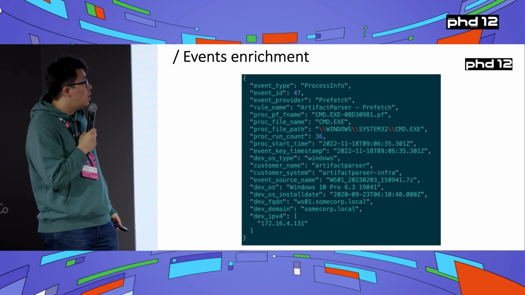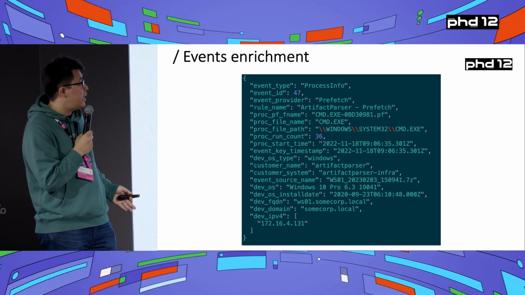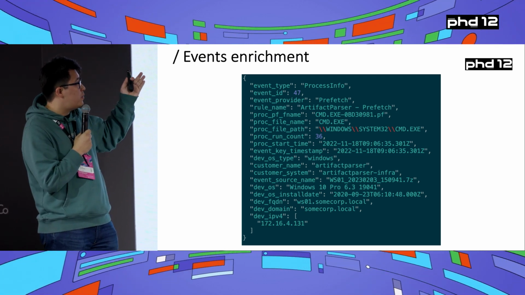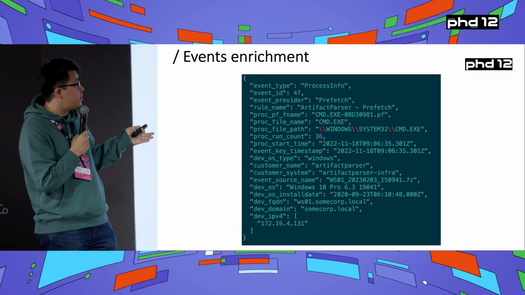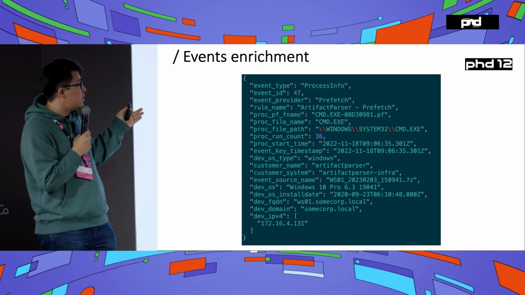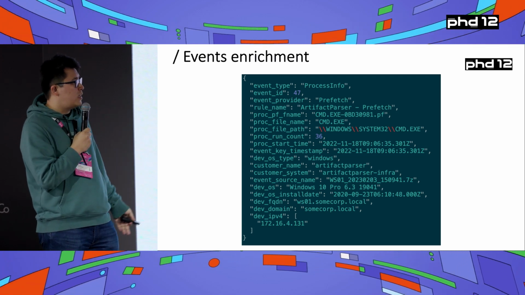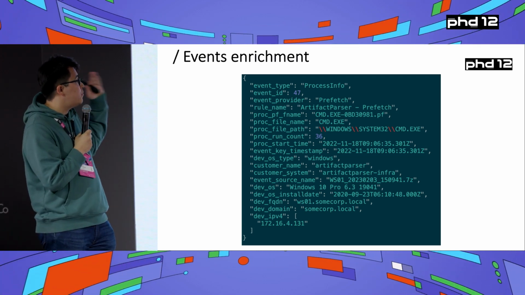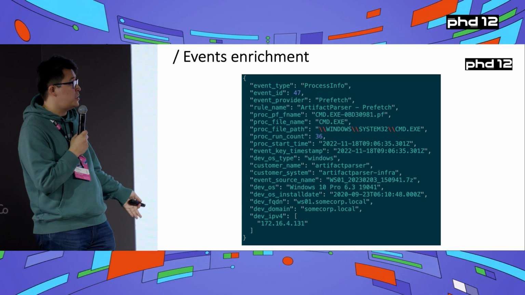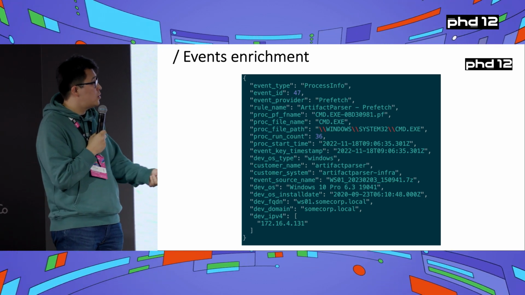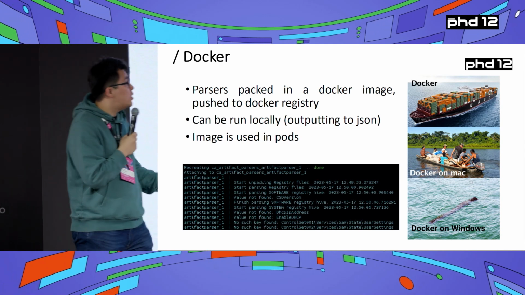This is how the normalized event looks. It was put together, so it means that we have the same fields that we got from the prefetch, and we added some service information, and we enriched that with the data about the system. And all in all, we get quite a regular event, and we can work with that.